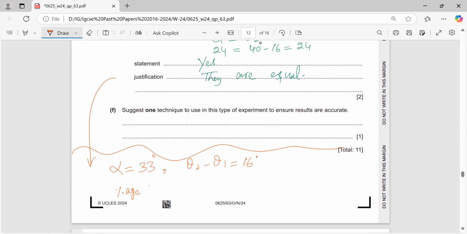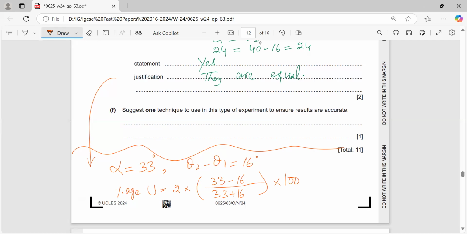So I am writing percentage U, where U means uncertainty. The rule is you multiply 2, then the difference of the two values in the numerator, 33 minus 16, over 33 plus 16, times 100.